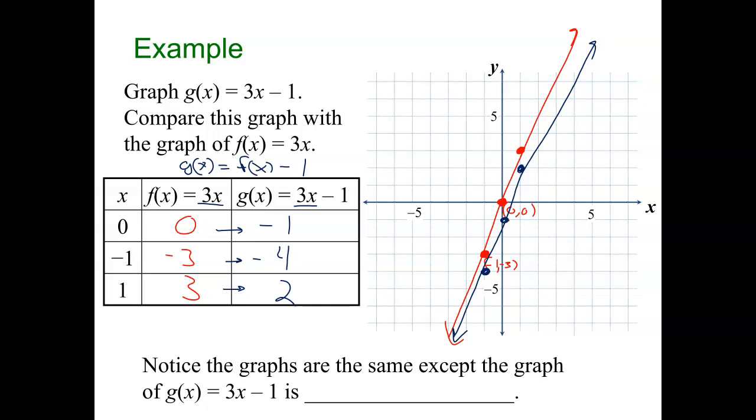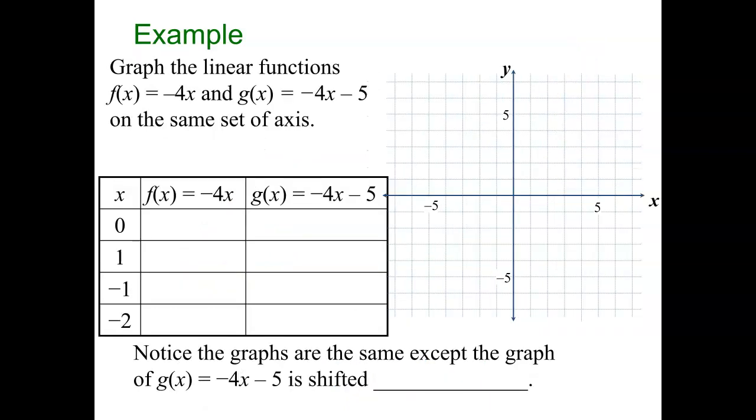So g of x is f of x shifted down 1 unit. All the points on the line are moved down 1. So g of x is f of x minus 1, so g of x is f of x shifted down 1. We can see that mathematically and graphically.